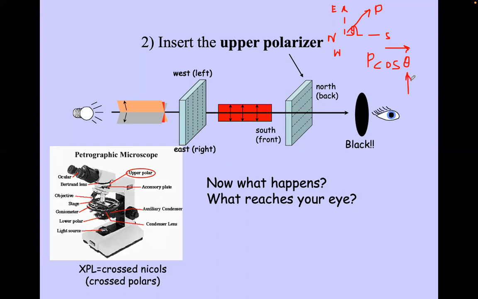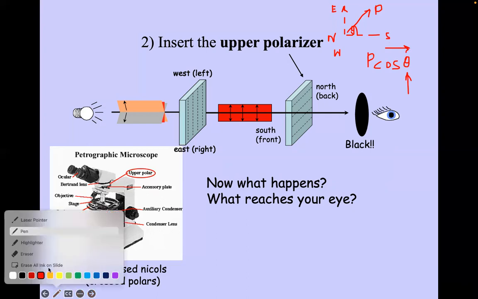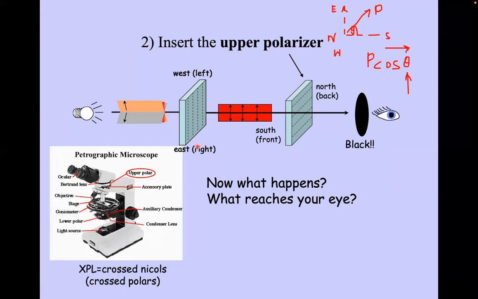So in any case, if you can slant this particular vibration direction, then there will be a component like P cos theta or P sine theta to pass through this second polarizer. So you will see some light moving along this direction as well.